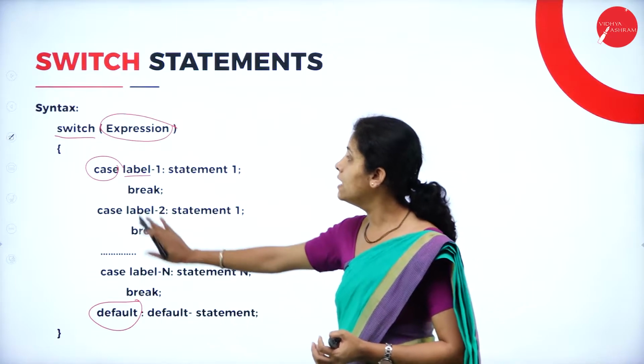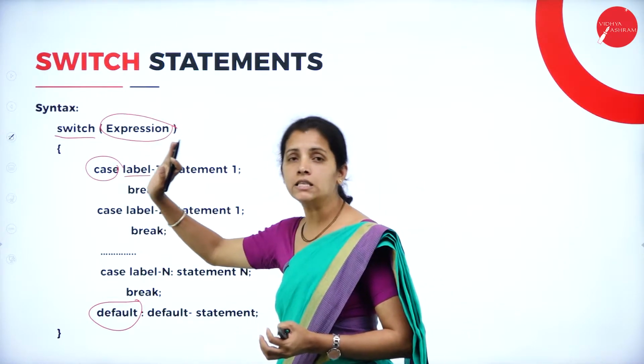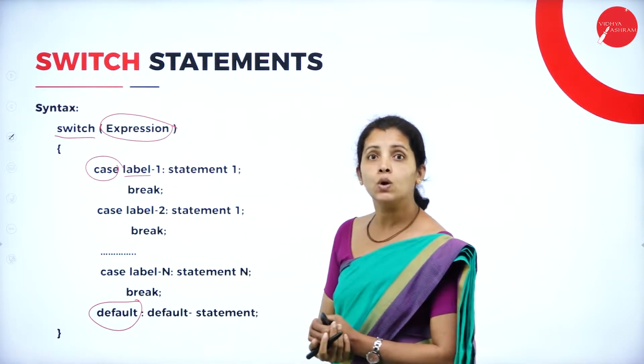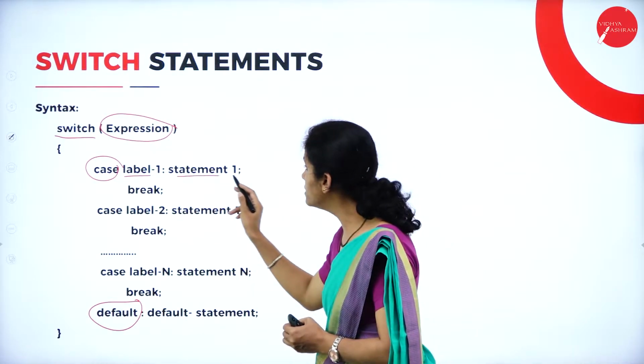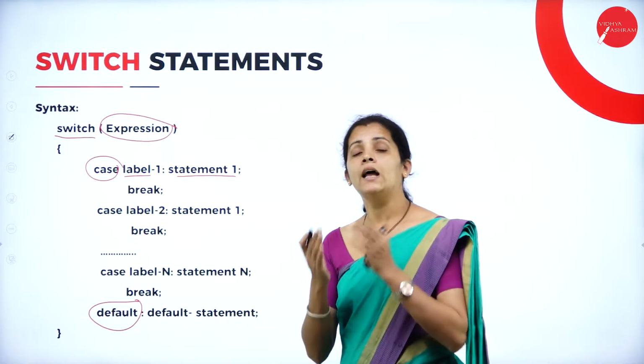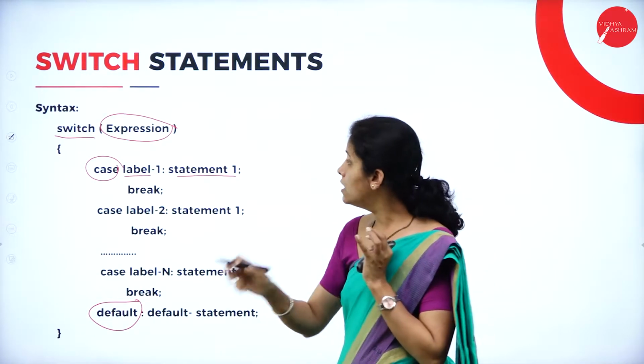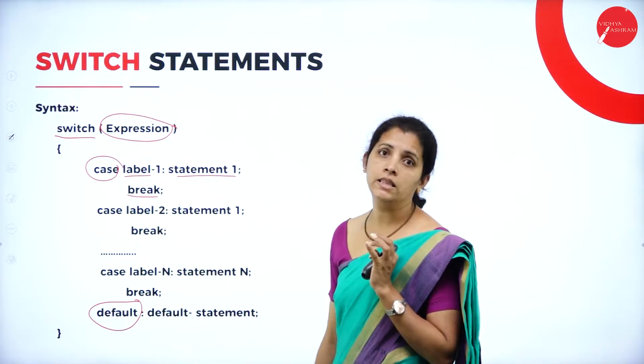At the beginning I'm going to have case along with my label name followed by colon, and then the statement. And after selecting a particular solution, I want to break the case.